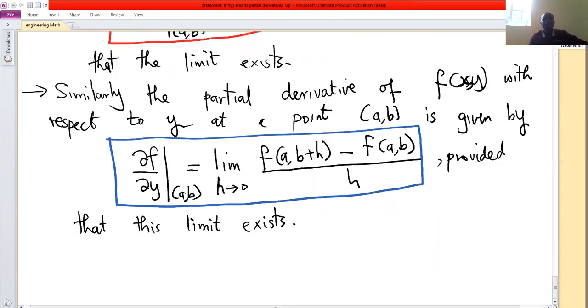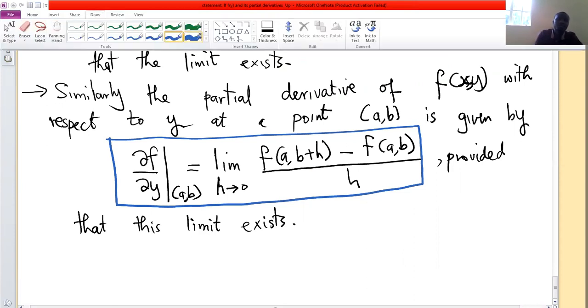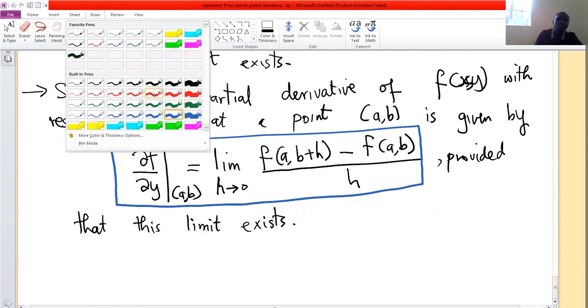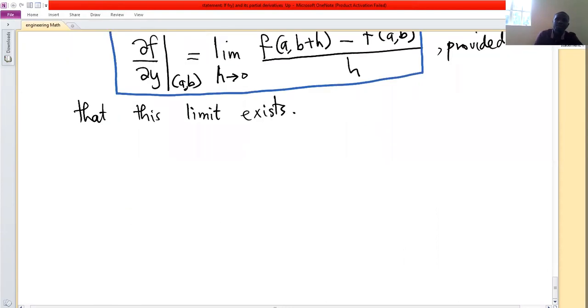So similarly, you can give the definition of partial derivative of a function with respect to x if we have, say, a function of x, y, z, a function defined for 3 variables.